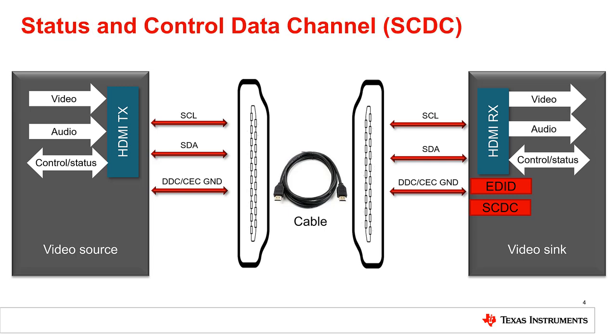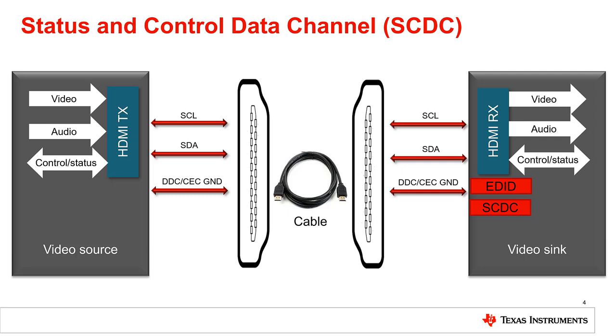The DDC bus is used in HDMI 1.4 for reading the video sync EDID and other purposes. Starting from HDMI 2.0, a set of specific DDC registers, SCDC, or Status and Control Data Channel, were added to the video sync.